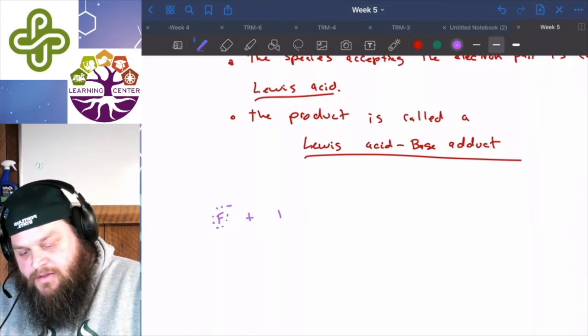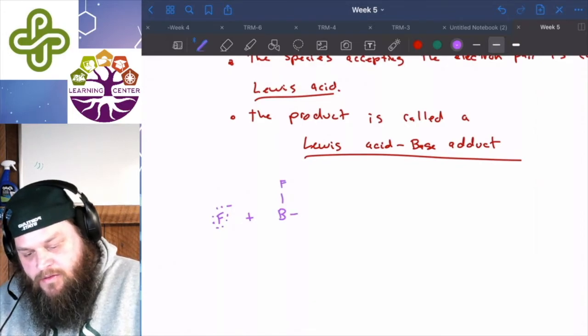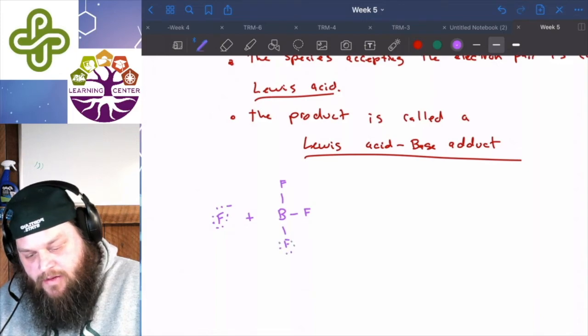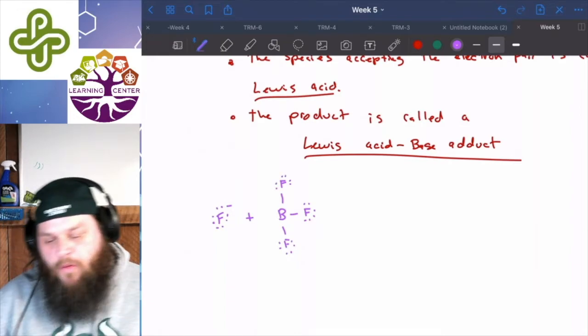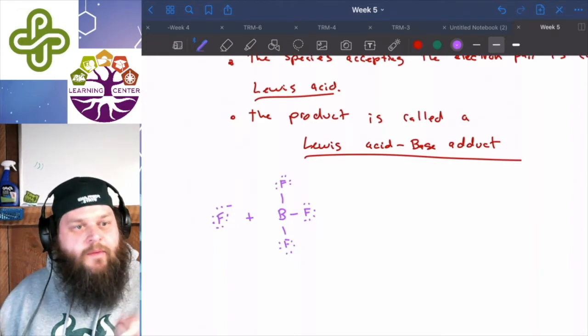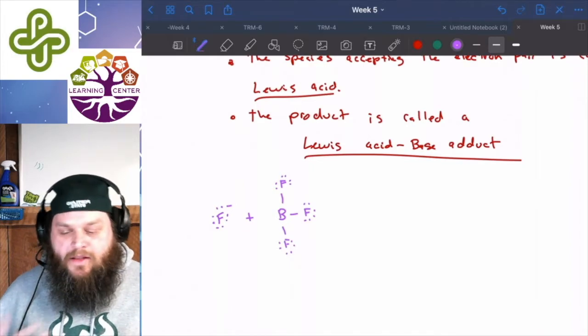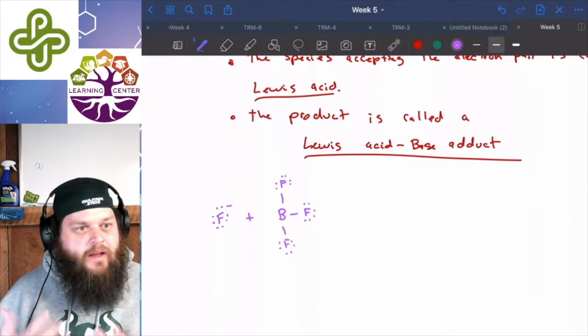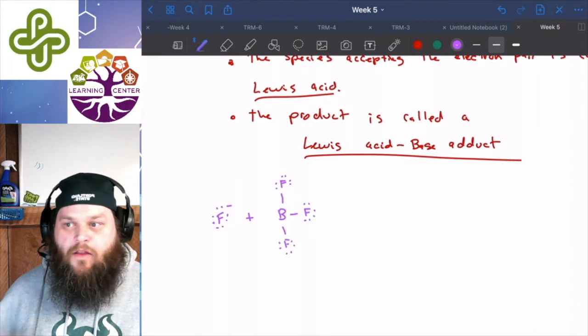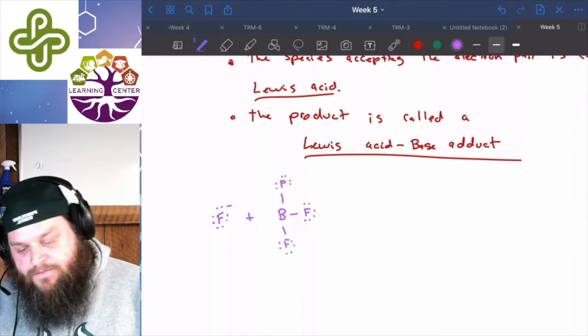And when it bonds to the boron trifluoride, so boron bonded to 3 fluorides already, putting in the electron, the lone pairs on those. Boron's neutral now. It's really happy with 3 bonds, but it's able to, because it doesn't have a full quartet, it's able to accept another bond from fluoride here.